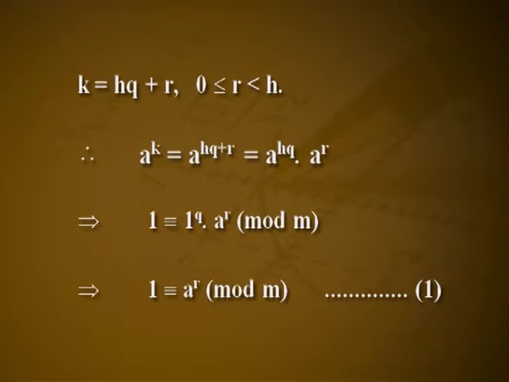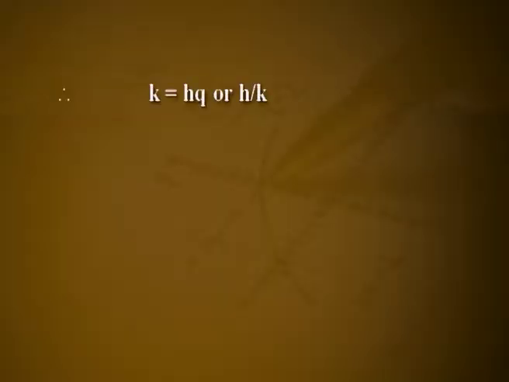Equation number 1. But r is less than h and h is the exponent of a mod m. So, 1 holds only when r is equal to 0.